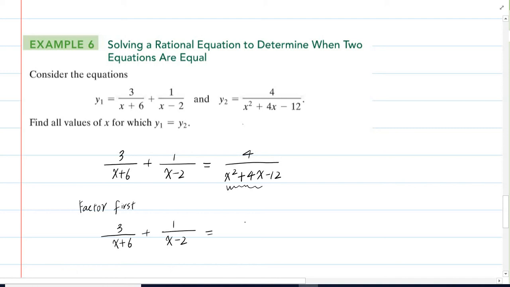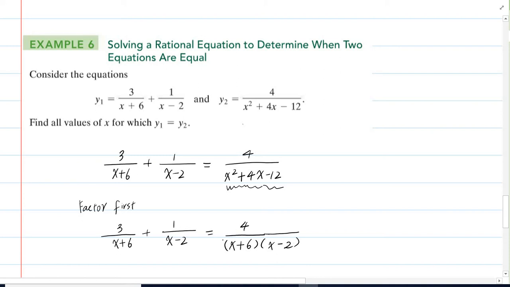We're going to be equal to 4 over, let's go ahead and look at this. Okay, what two numbers multiply together give you negative 12, add together give you positive 4? That is 6 and 2. Because it's a positive 4, the 6 is positive, the 2 is negative.